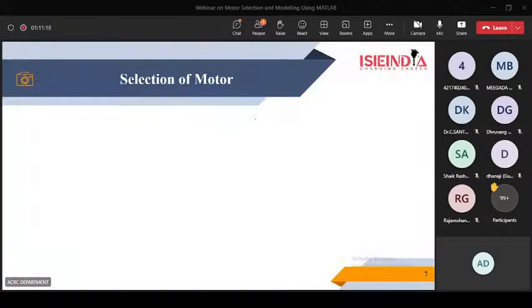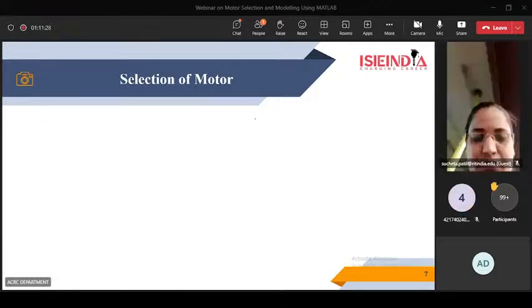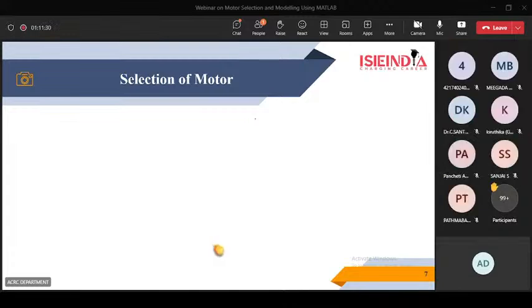Now, the selection of motors. The selection of the motor is a very important factor, because if we are designing an electric vehicle, we are considering the battery, the motor, and the controller. We need to consider the weight, how much power is required, and the essential criteria for the selection of the motor. The first one is the power required.